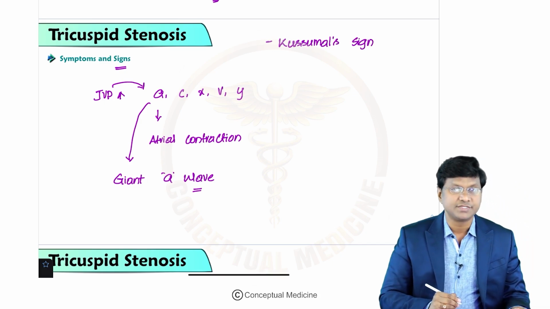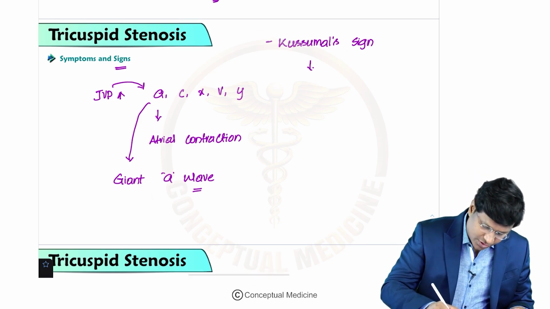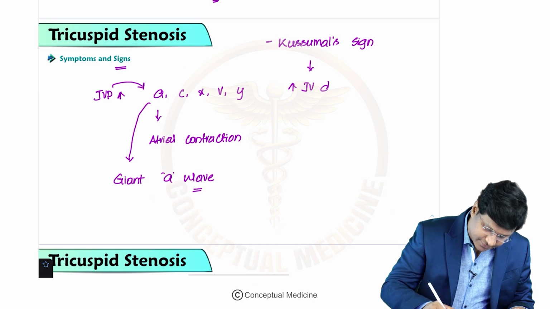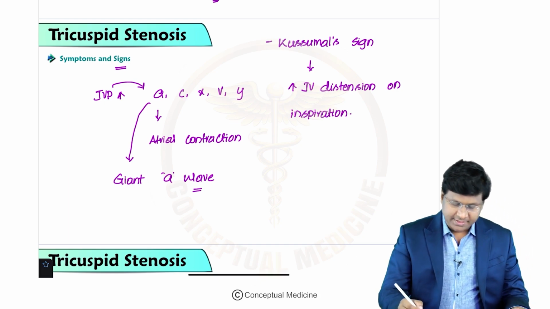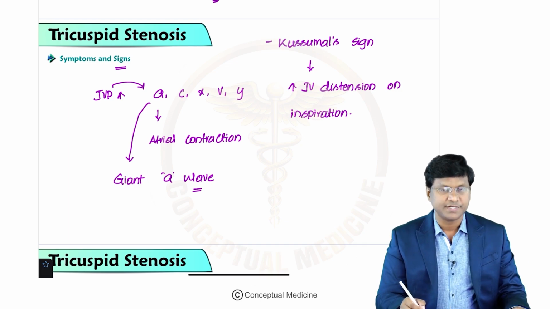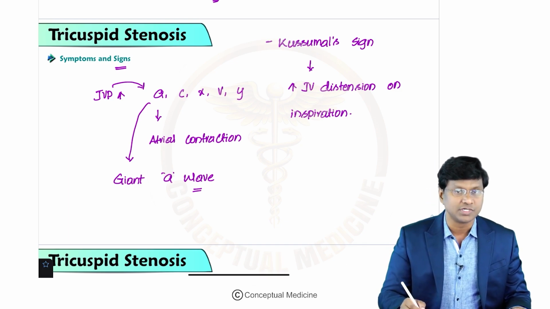Now, what do you understand by this word Kussmaul sign? Kussmaul sign is increase in the jugular venous distension on inspiration. This is called the Kussmaul sign.